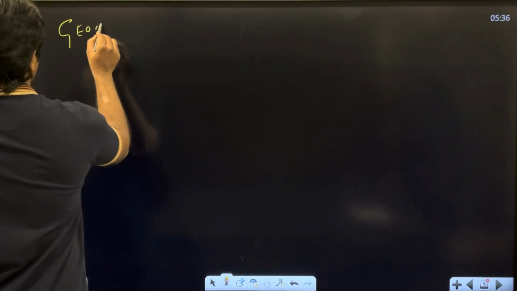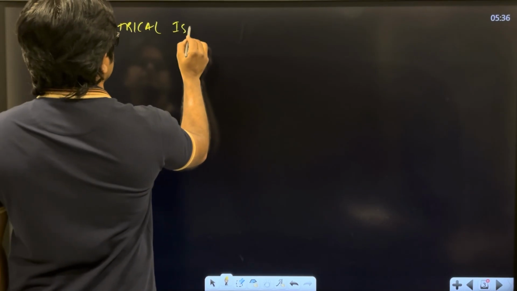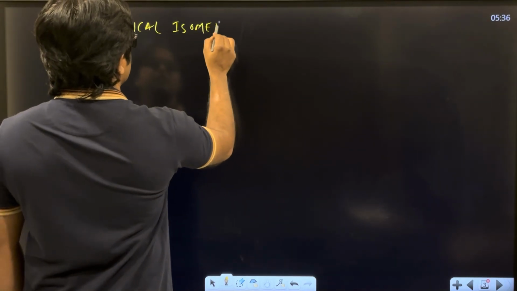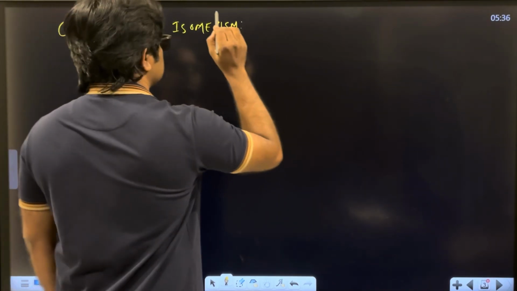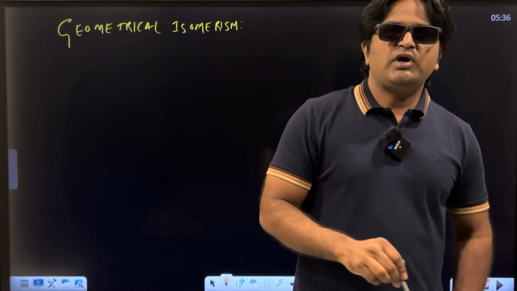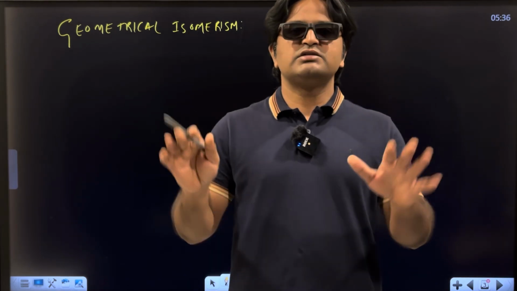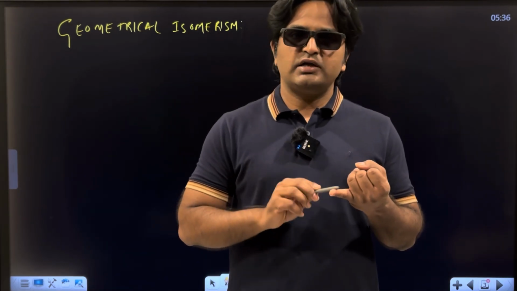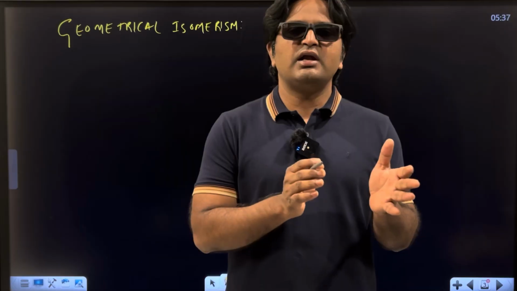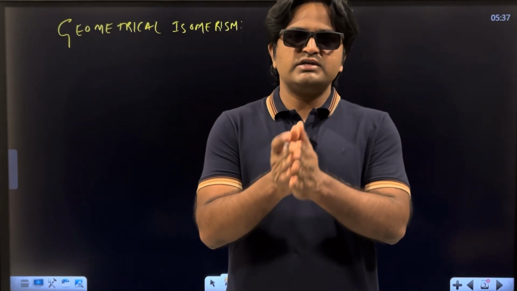In geometrical isomerism, what are the conditions required to exhibit it, and what kind of molecules will show geometrical isomerism? Here we are covering 5 to 6 types under geometrical isomerism. These are alkenes, that is double bonded systems. Not only alkenes, oximes and diazo compounds also, simply double bonded systems.